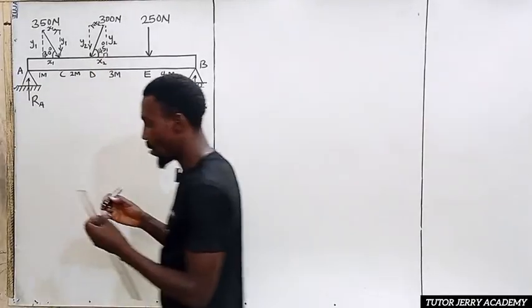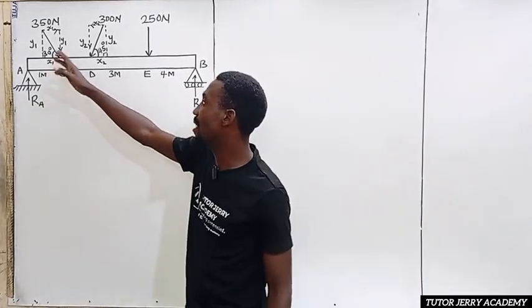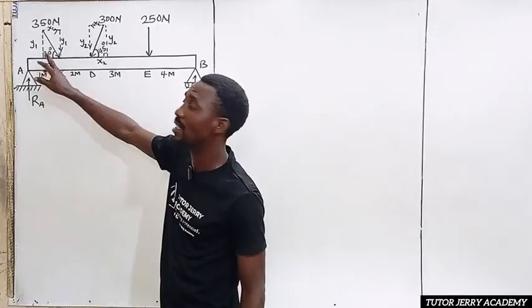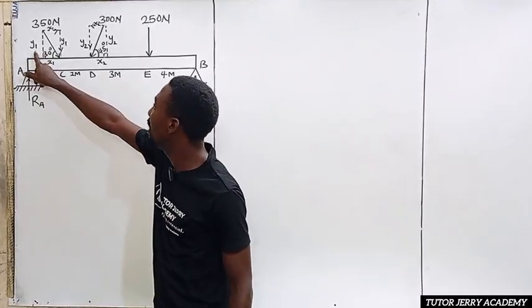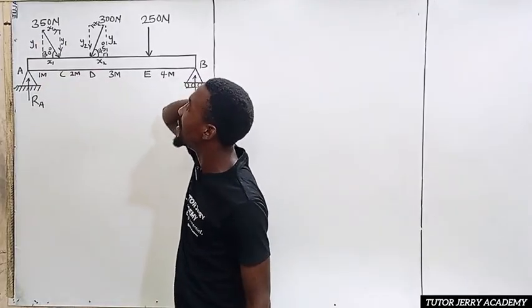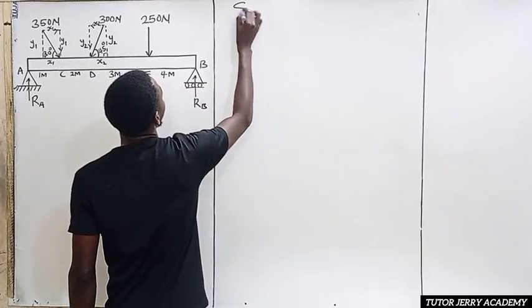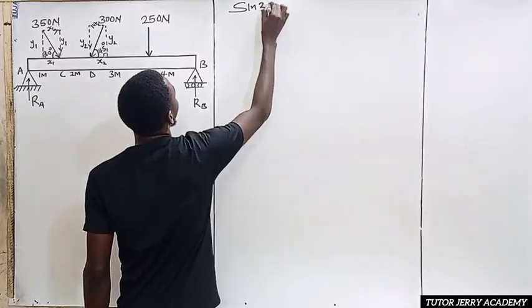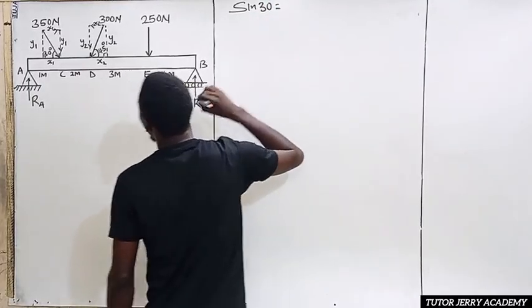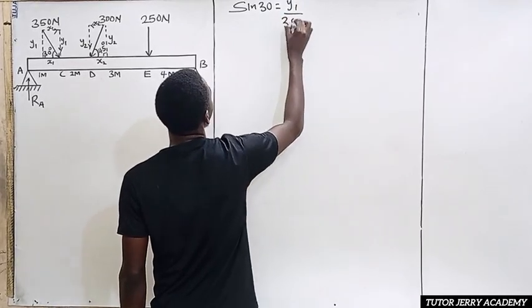Now we are going to consider sine theta here. Sine 30 is opposite over hypotenuse, and our hypotenuse is 350 here. So we are going to have sine 30 equals opposite. Our opposite is Y1, all over 350.